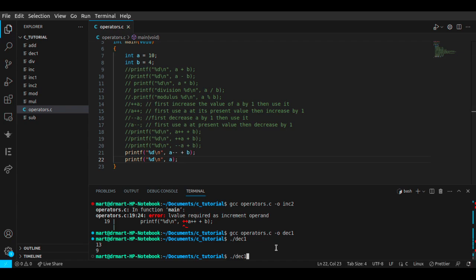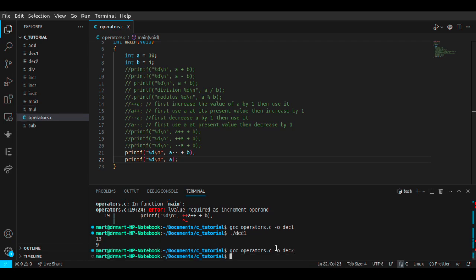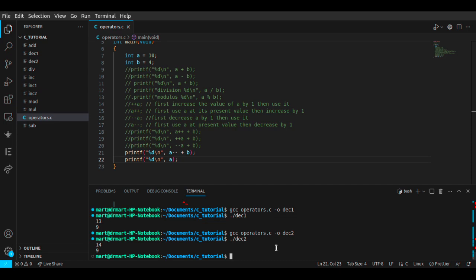So let's print this out. So deq2. So you see we have 14 and 9. So 10 did not change here, right? But after we used it, we decreased it. So it became 9 on this very line. All right. So that is it for the arithmetic operators.